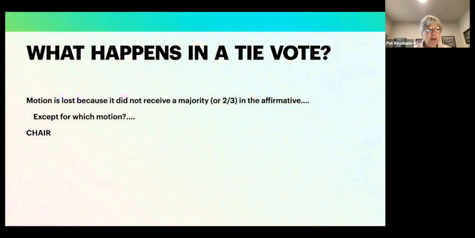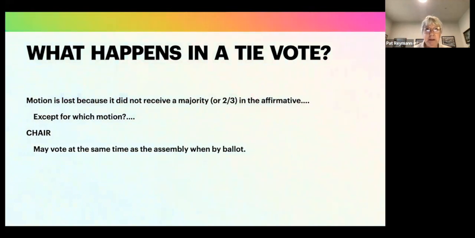Okay, what does the chair do here in a case of a tie? If it's a ballot vote, just in general, now this is not in case of a tie, but in general, when there is a ballot vote, the chair may vote, but at the same time as the assembly. The chair doesn't wait to see what the outcome is and then cast a ballot. The chair needs to cast a ballot at the same time as everybody else does if the chair chooses to vote.